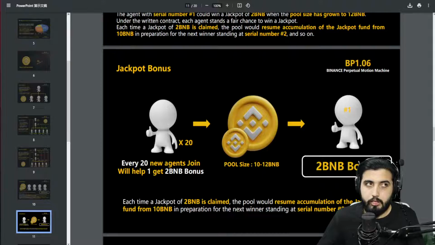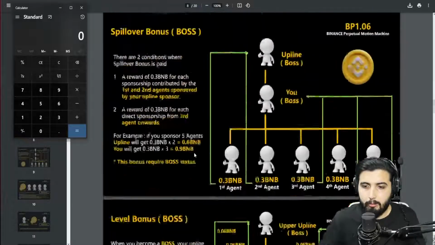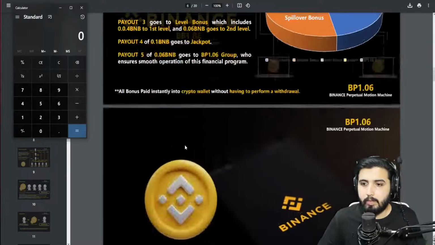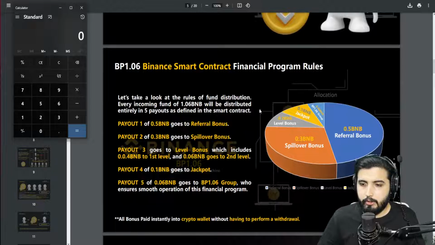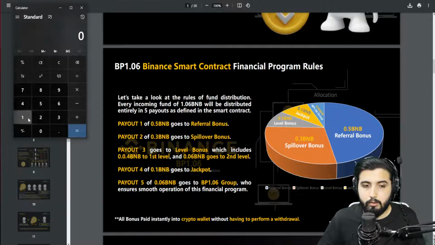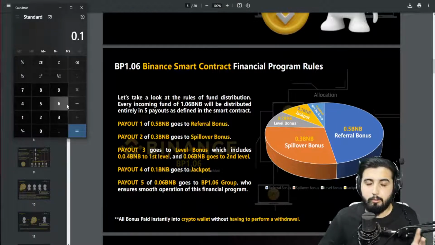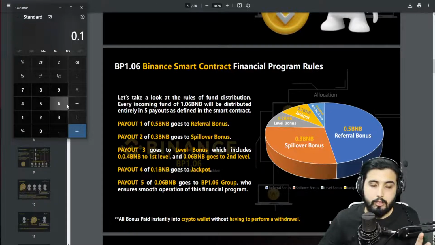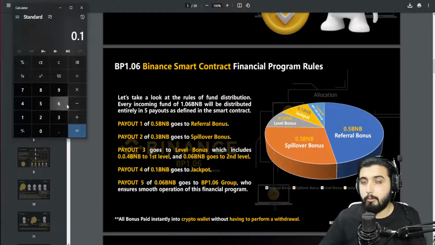If we bring up the calculator one more time, we need to calculate how many people we need in order to accumulate 10 BNB. There's 0.1 BNB from every deposit, which goes for the jackpot bonus.